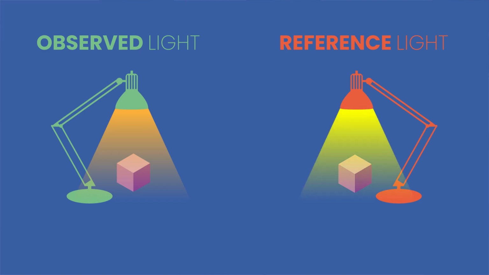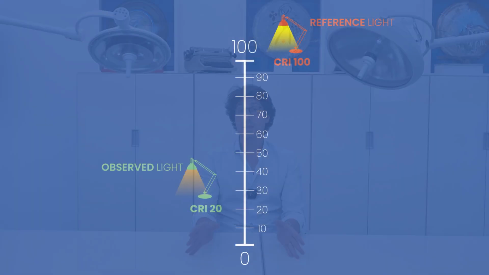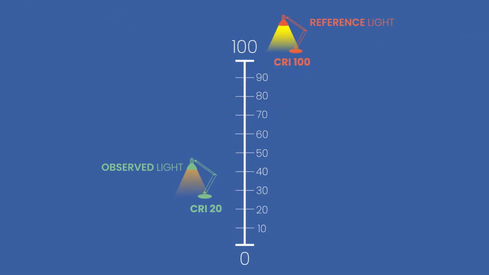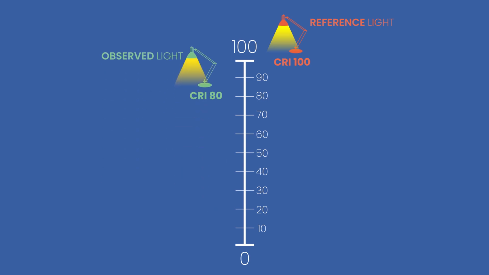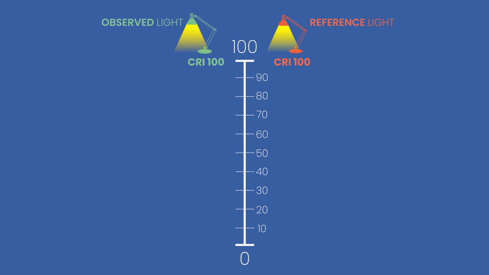The numerical value then obtained by comparing these two types of lamps creates a scale ranging from 0 to 100, where 100 represents the maximum value, that is, the greatest correspondence of color rendering between the source under consideration and the reference source.